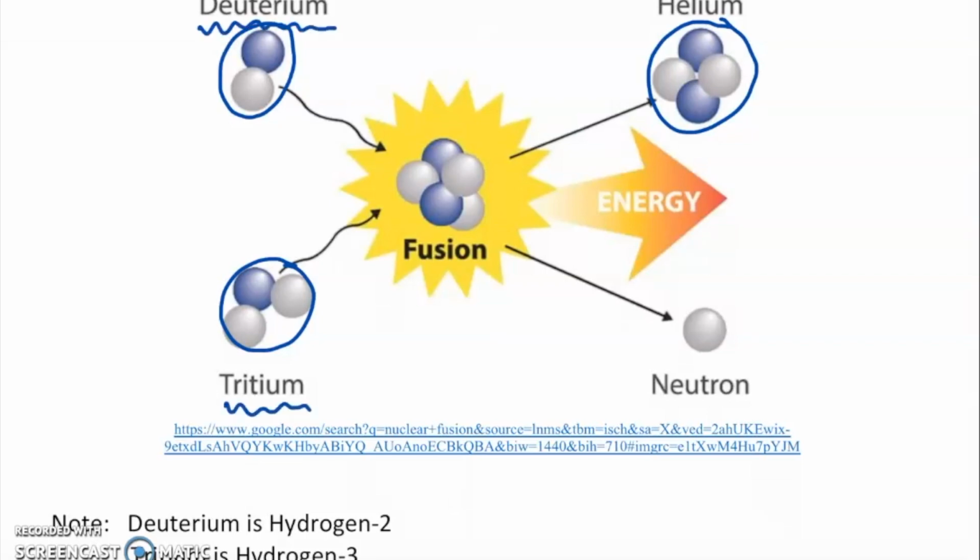What is tritium? These are fancy ways of really saying hydrogen. Deuterium is hydrogen 2, the isotope of hydrogen with 2 neutrons. And tritium is hydrogen 3, the isotope of hydrogen with 3 neutrons.